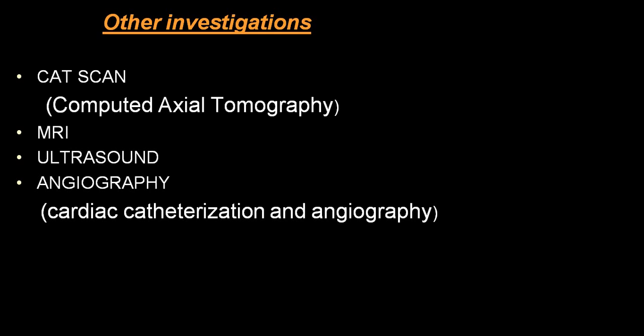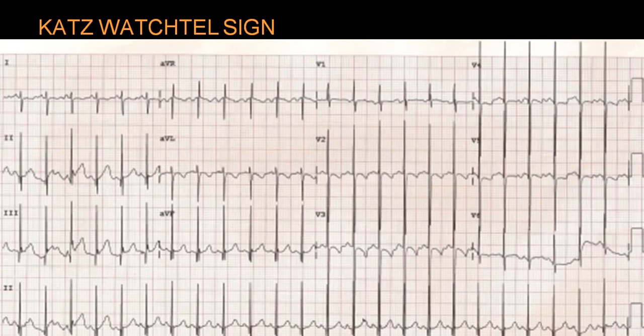Ultrasound is enough. Angiography, CT and MRI, a combination of MRI angio or CT angio is usually required if you want to plan for surgery and find out the associated defects, coronary artery blood flow, etc.